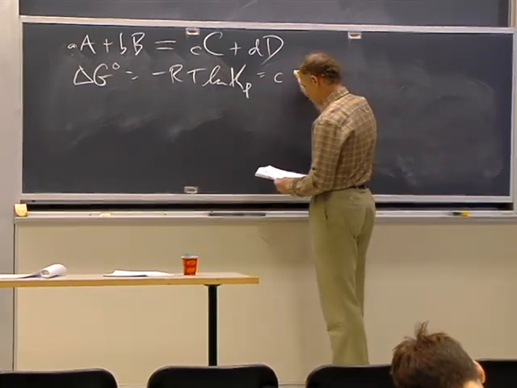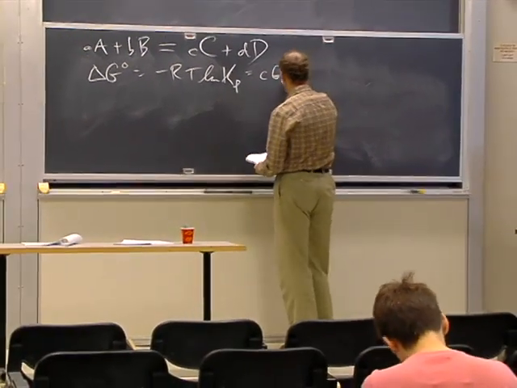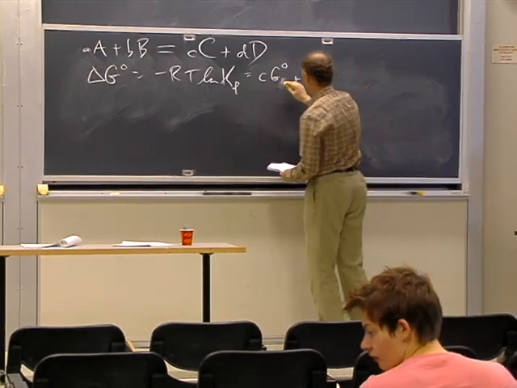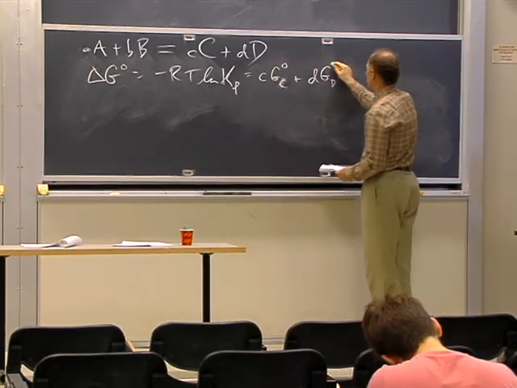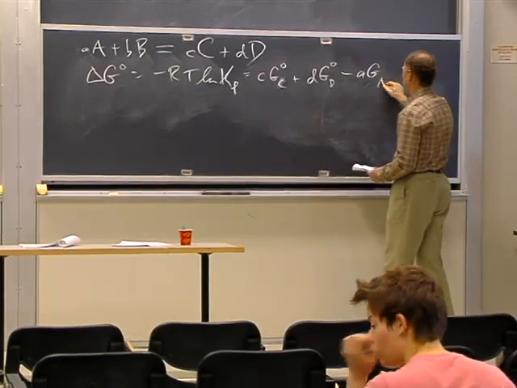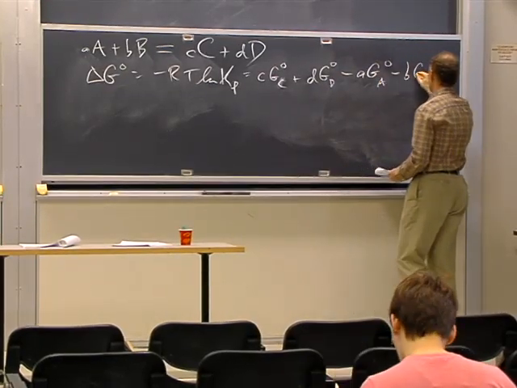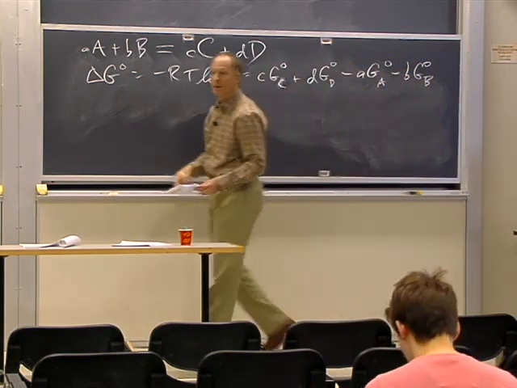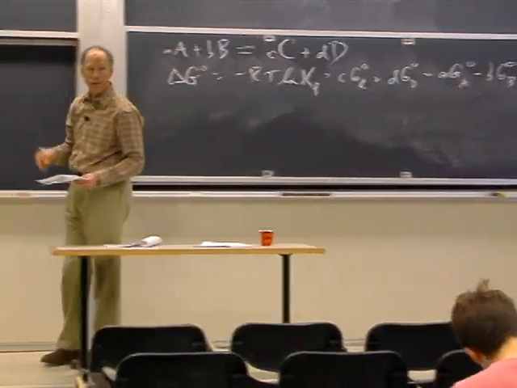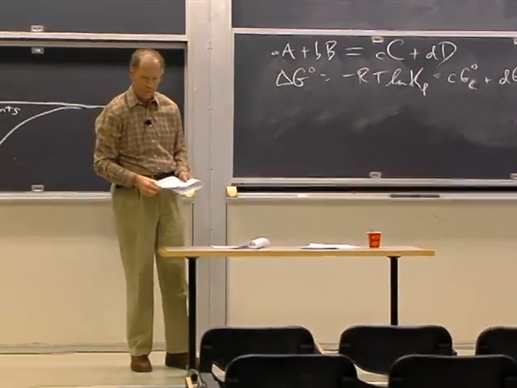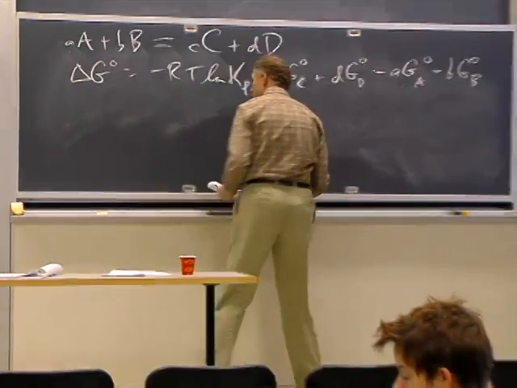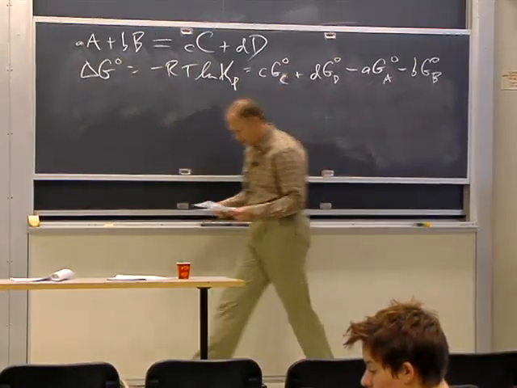So it's c times G_C0 plus d times G_D0 minus a times G_A0 minus b times G_B0. So we need to know the free energy of each one of the species, and now we know how to calculate that from first principles through statistical mechanics.